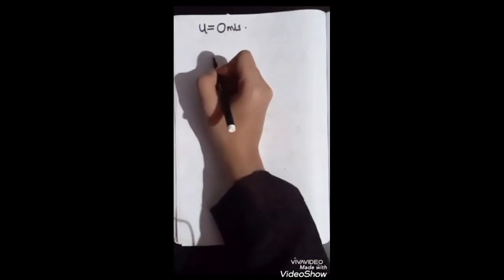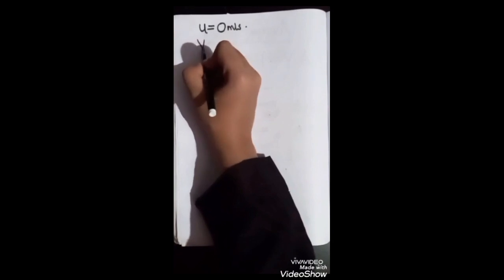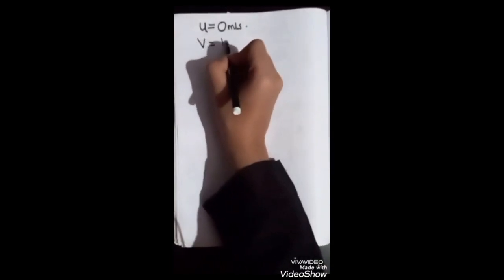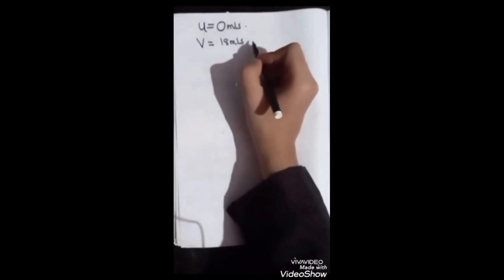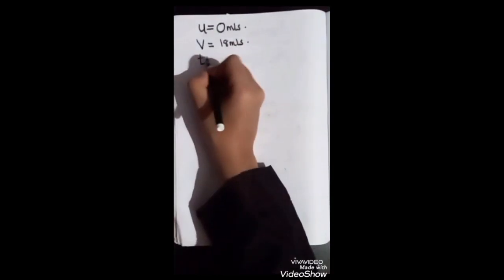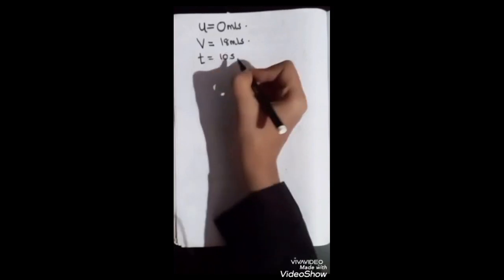Okay, so the car starts from rest here, so the initial velocity, denoted by the letter u, is equal to 0 meter per second. Then it picks up a velocity of 18 meter per second, that is the final velocity v is equal to 18 meter per second. That happened in 10 seconds, that is t is equal to 10 seconds.